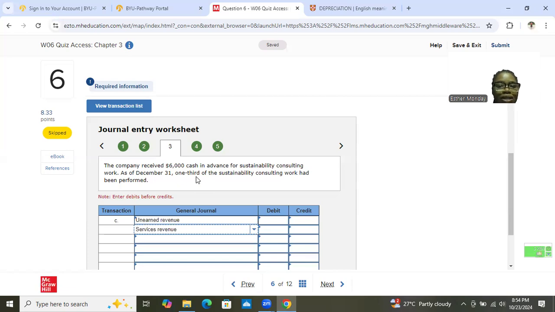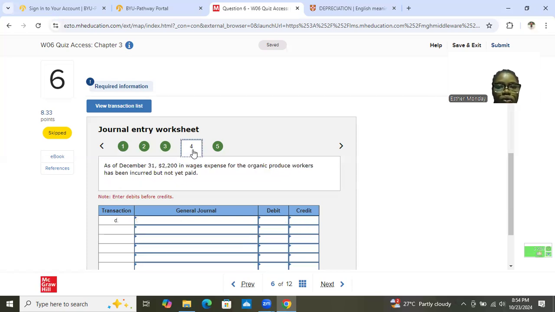So 2,000 has been debited from our unearned revenue of 6,000. And then our service revenue, what we earn when the service was performed, will be 2,000 naira. So it will fall under credit, not debit.